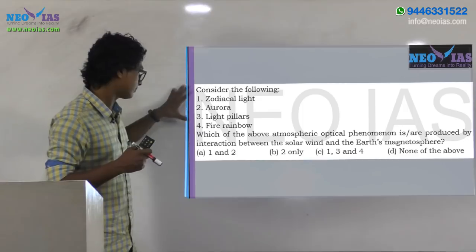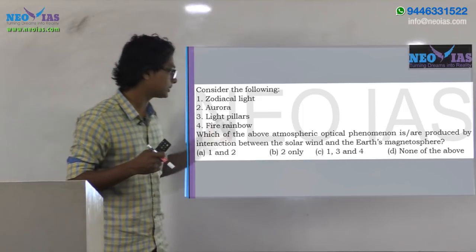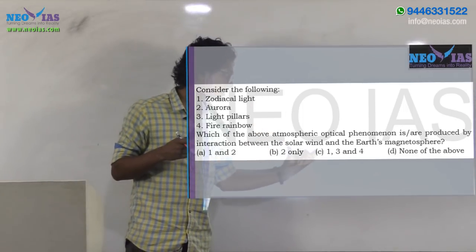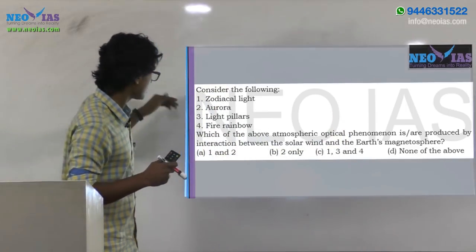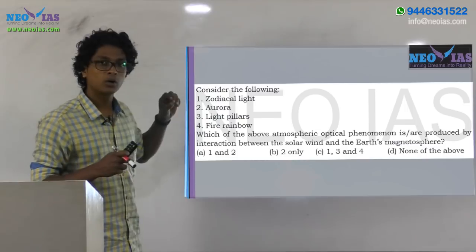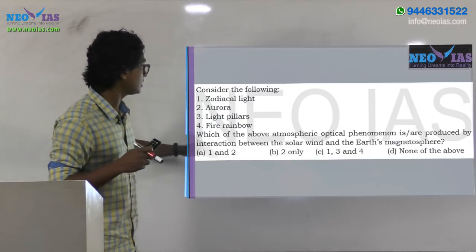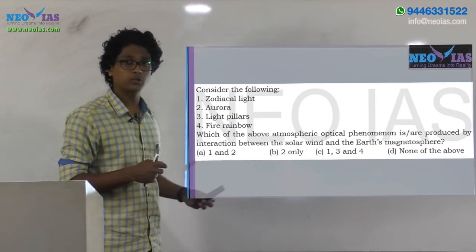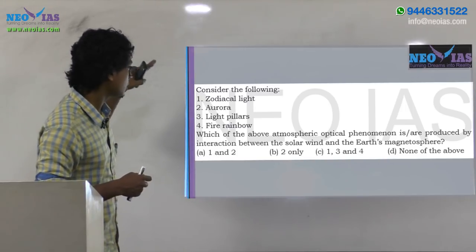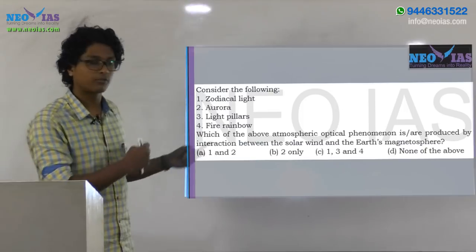Among these four, which one is created because of the interaction between solar wind and the Earth's magnetosphere? That's the question. So here the answer comes out as aurora. Each of these atmospheric optical phenomena is important, and we'll go through each of them. We'll see how they are formed.